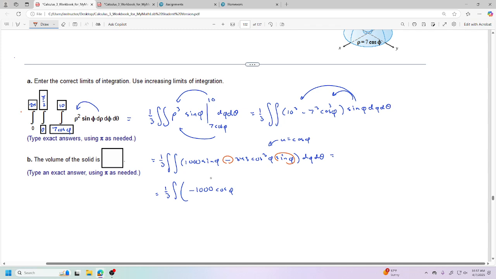So what actually happens is it ends up being a positive there. Two negatives make a positive. And then I integrate u cubed, which will go to u to the 4th over 4. So then I've got cosine to the 4th phi, from 0 to pi over 2.